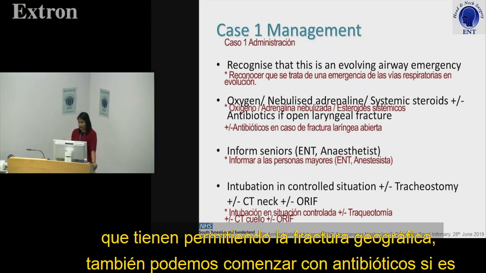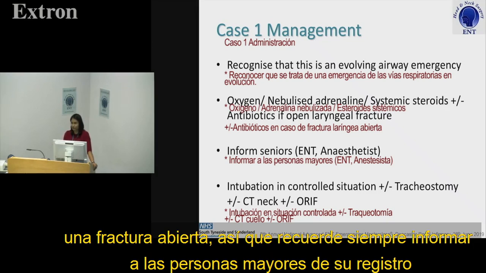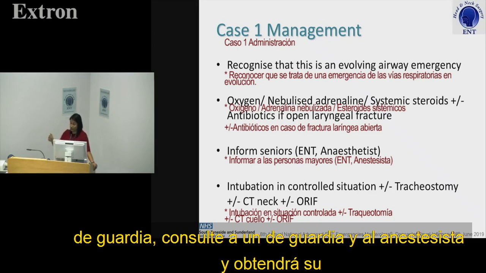If you suspect that they've got a laryngeal fracture, you can start antibiotics as well if it's an open fracture. So always remember to inform the senior people, your registrar on call, your consultant on call, and the anaesthetist.